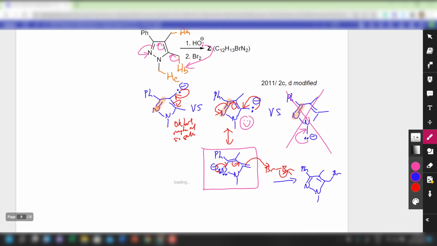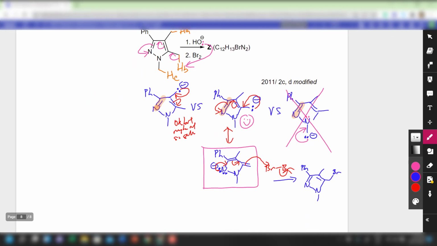You might want to check whether it satisfies the molecular formula. Yes, there are two nitrogen, there's one bromine. The number of hydrogen will be: the methyl group here will have 3 hydrogens, and over here we'll have 2, so 5.